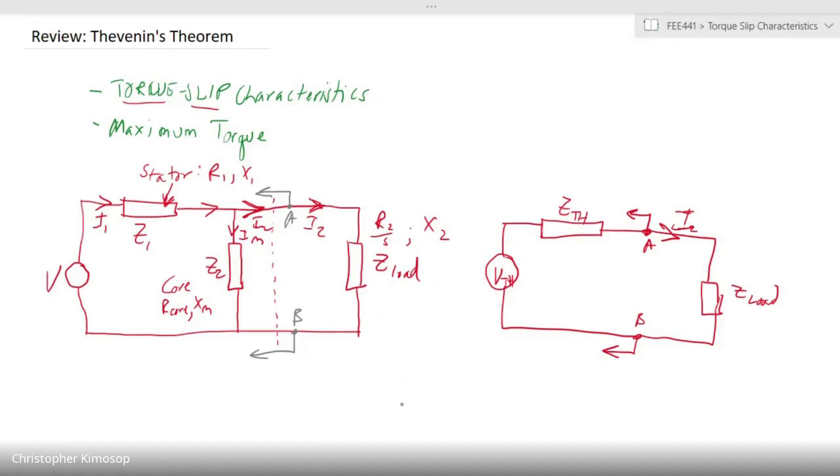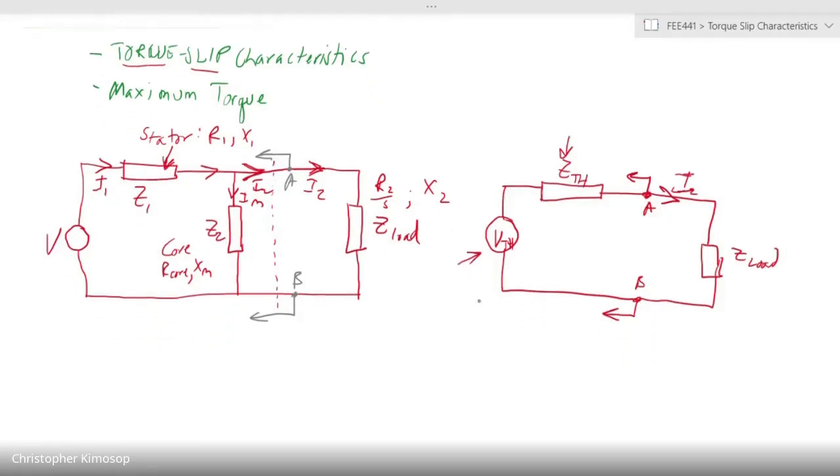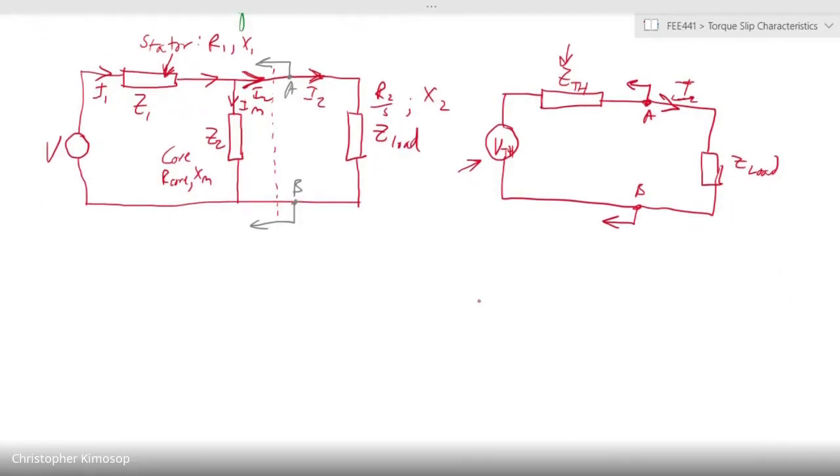Bearing that in mind, we would now find what this Thevenin impedance is and what this Thevenin voltage is. For us to get the Thevenin impedance, let's start with that. Z Thevenin: what we do is we short circuit the voltage, in which case the circuit would now look like this.